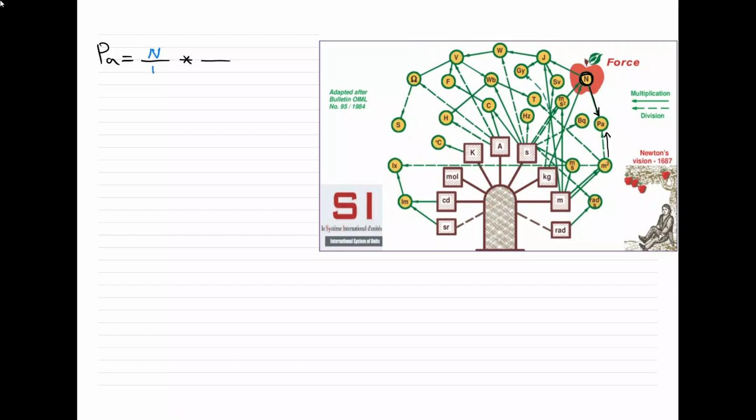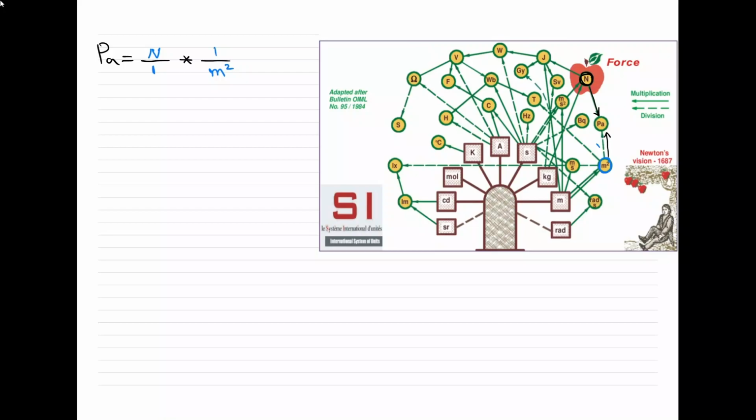Now the denominator will be 1, it's easy. The second one, we can see that we have a meter square, but see the arrow, it is dashed. So meter square is going to be in the second fraction as a denominator since it's a divide. So we will have a meter square here, and here we will put 1.